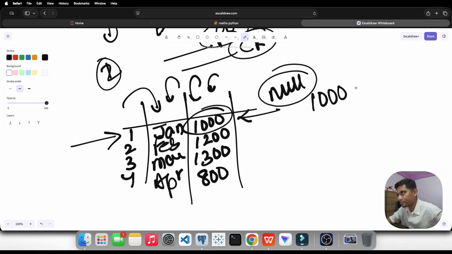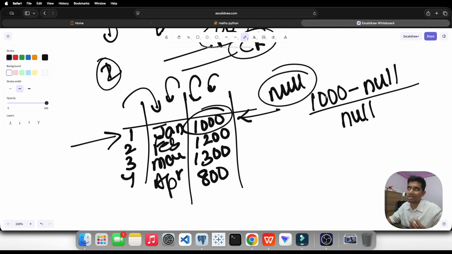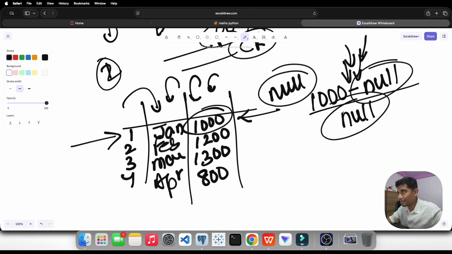So the current row is 1000 minus null value divided by null value. You know in SQL and in Python, whatever mathematical operator we use, like plus, minus, multiplication, division, with null will automatically give you a null value.